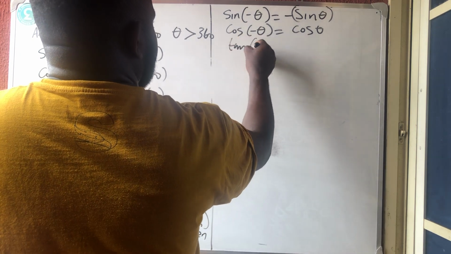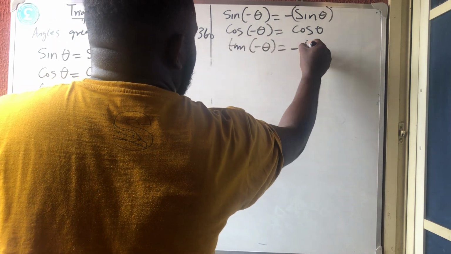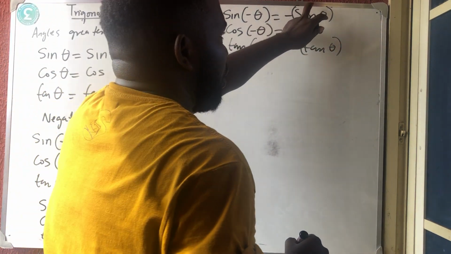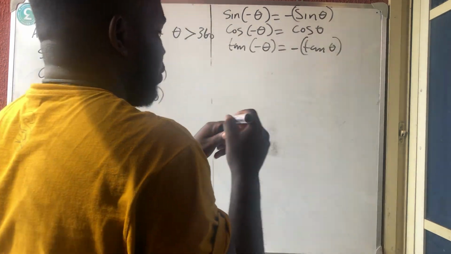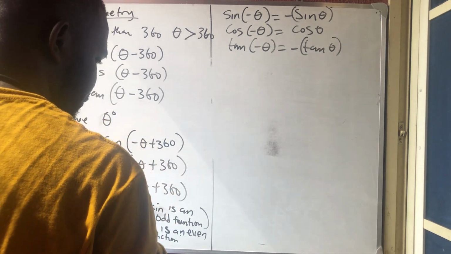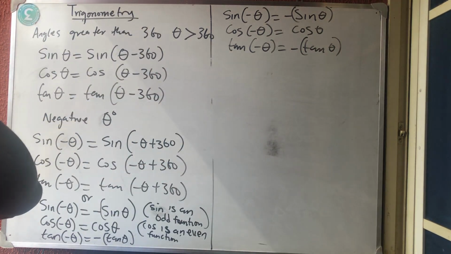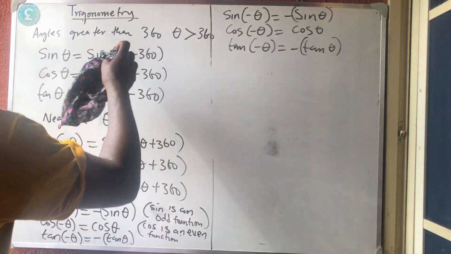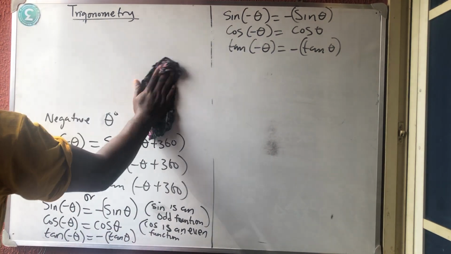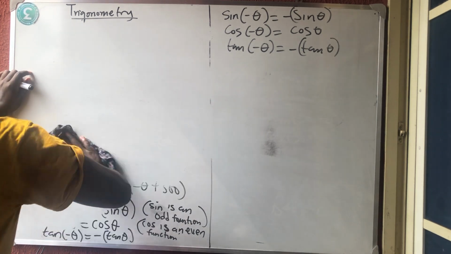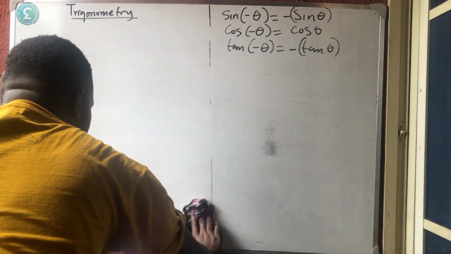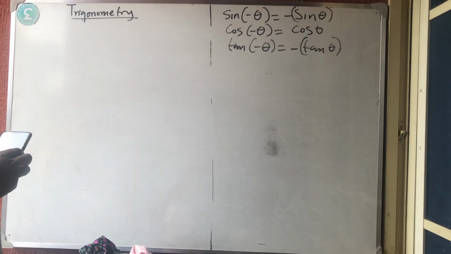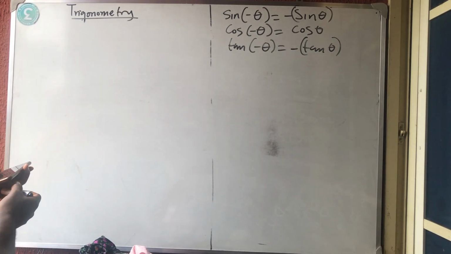Tan minus theta is minus tan theta. So why? Because odd function, even function. Only cos is an even function. Okay, so that is that for that. So let's solve some questions on this for us to understand perfectly. Okay, so let's take some question. Evaluate the following.